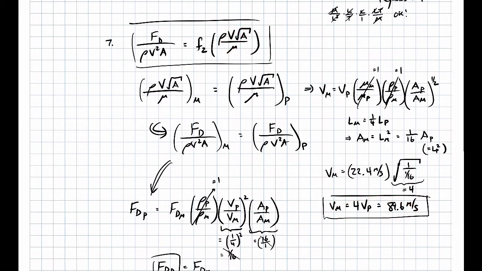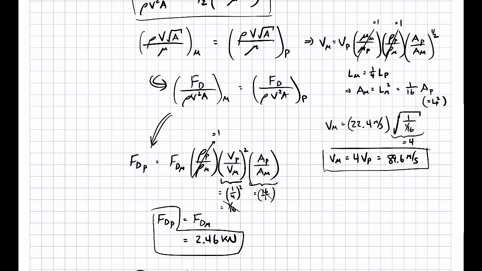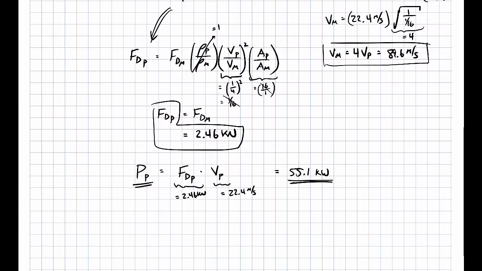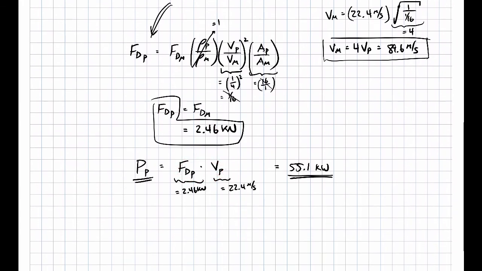So that told us what kind of velocity we need to have. And we know that if this right-hand side is the same, then the left-hand side will be the same, whether it's the model or the prototype. So that allowed us to equate the pi terms on the left-hand side. And then we used that to find what the drag force was going to be in the prototype. And once you know the drag force and the velocity of the prototype, you can get the power.